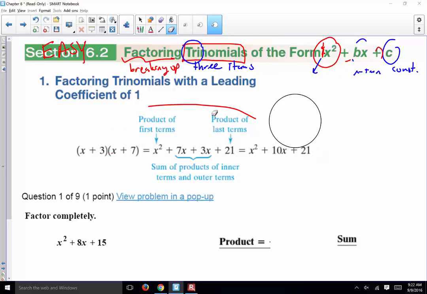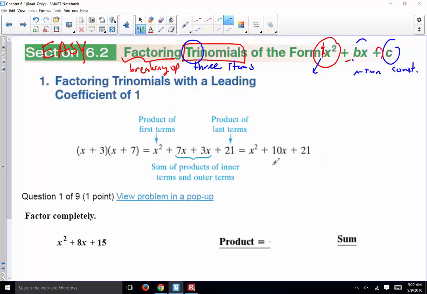So what is the trick here? How do I go from right to left? To see the trick, why don't we first FOIL this thing: multiply first terms, outside terms, inside terms, and last terms. F, O, I, and L. This is called FOIL.